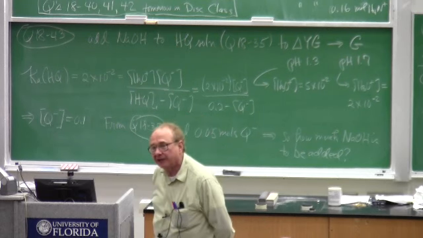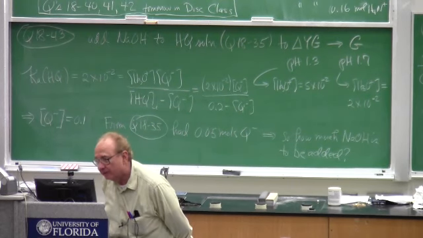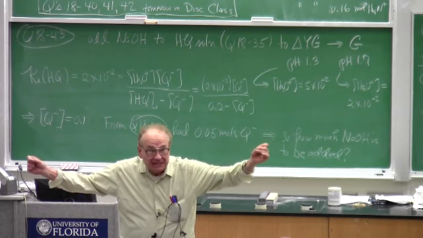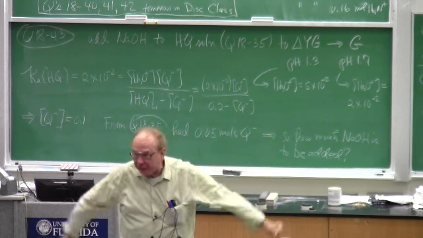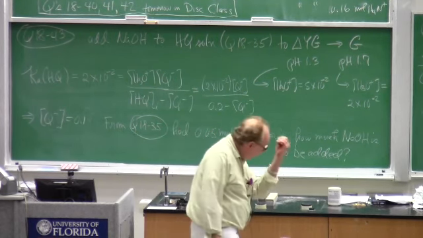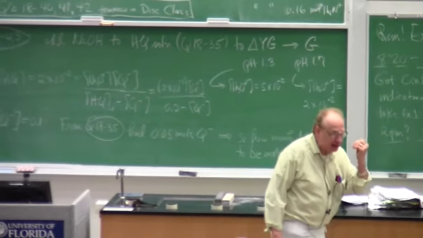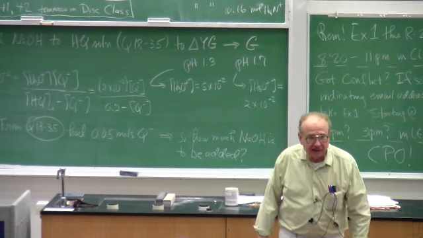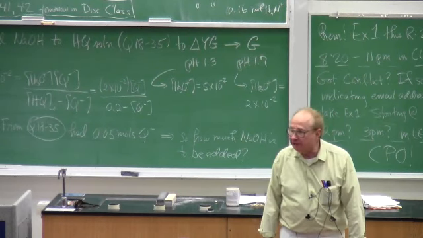So what kind of solution am I making if I don't chew up all the HQ? HQ, Q minus, buffer. Buffer! Keep in mind QPSI. I'm killing some but not all of the HQ and converting it to Q minus.